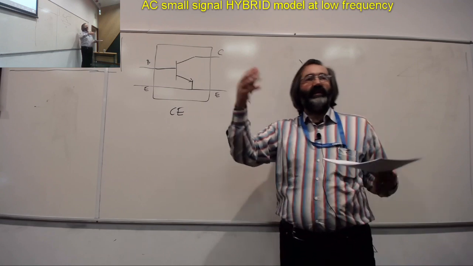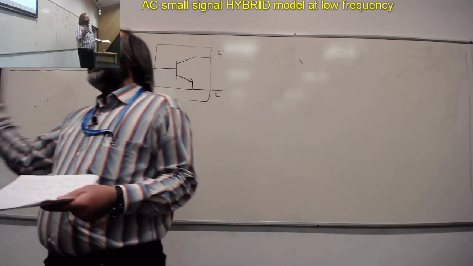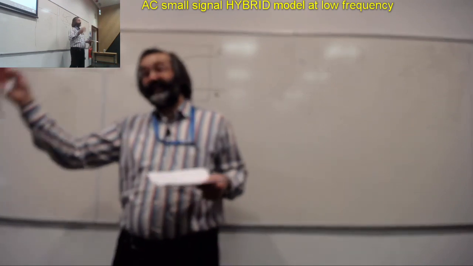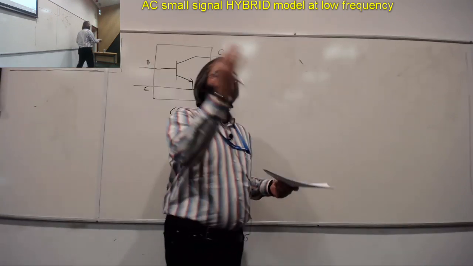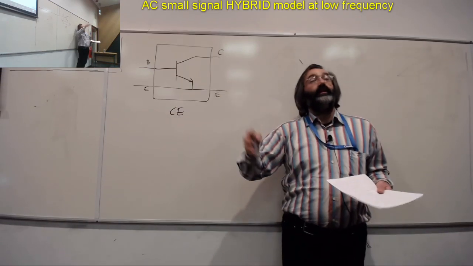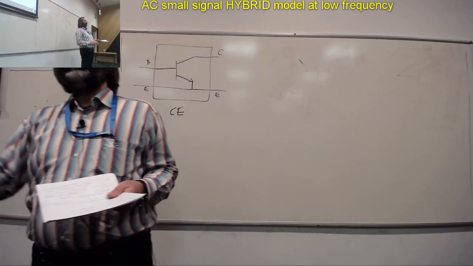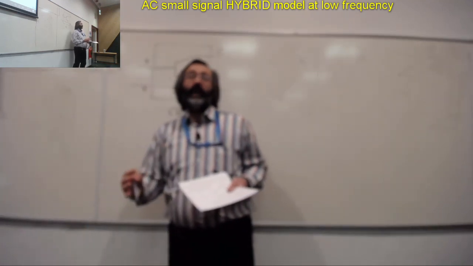Quiescent point means we know how to define precisely the base current, the DC base current, the DC base voltage, the DC collector current. We've done it last week.